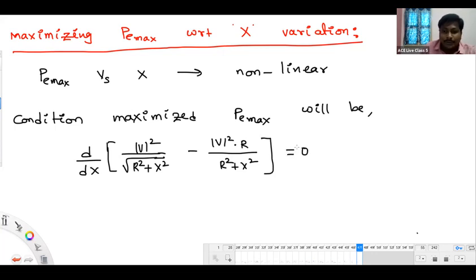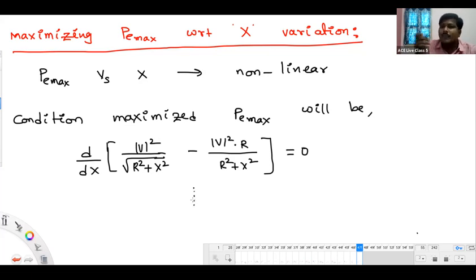The differential term you have to find, and you should make it equal to 0. You continue with this differentiation if you want to do it later.